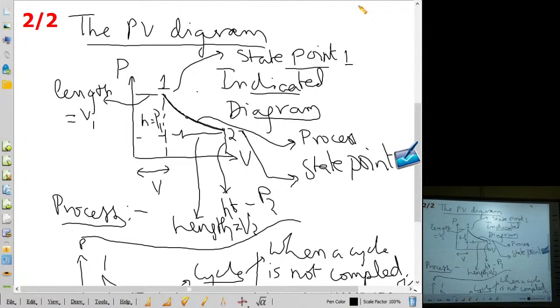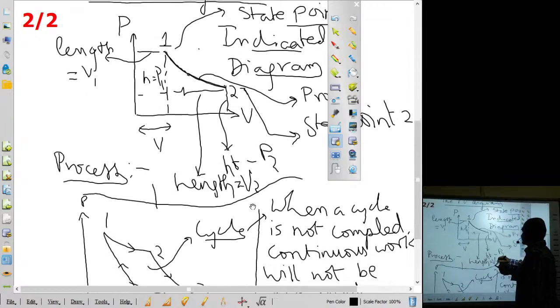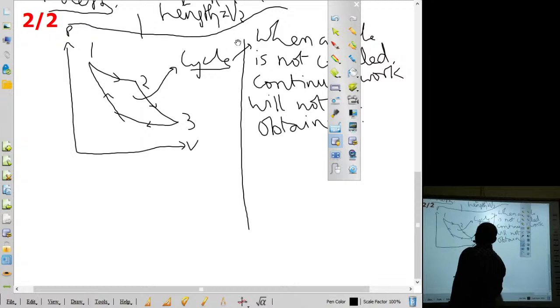Okay, now let us look into the other screen wherein we have the details for a cycle. Right, so this is for a cycle shown here.